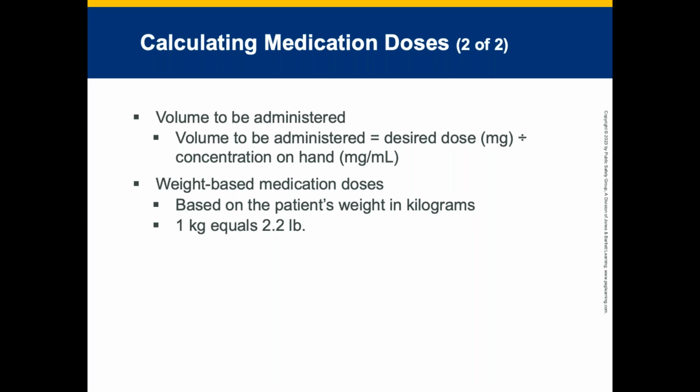So you can break it down to determine the concentration on hand in grams per mL. 25 grams divided by 50 mLs is 0.5 grams per mL on hand, right? And I want you to give 12.5. So you would take the desired dose, 12.5 grams, divide that by 0.5 grams per mL on hand, which equals 25 milliliters.